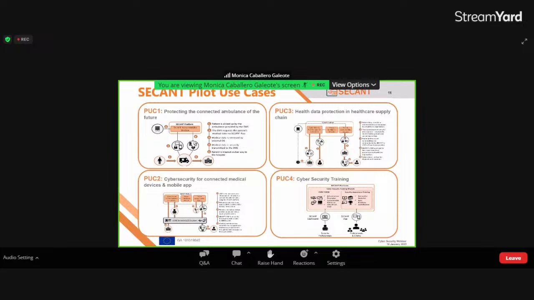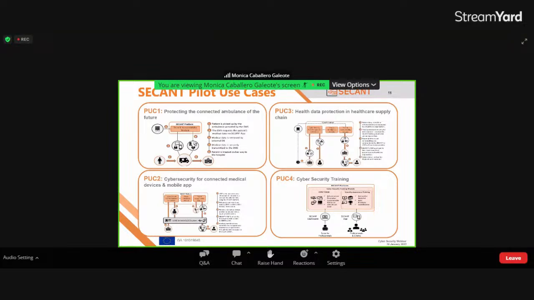The second use case is health data protection in the healthcare supply chain. This one is designed to validate the capabilities of SECAN to ensure privacy, data protection, and accountability when operational data is being exchanged within the healthcare supply chain.